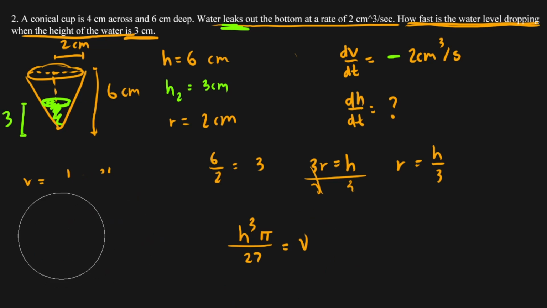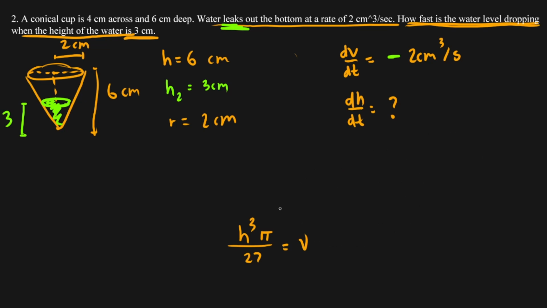Now we're going to take the derivative of this equation with respect to time. So we're going to have dV/dt equals 3h squared pi all over 27.